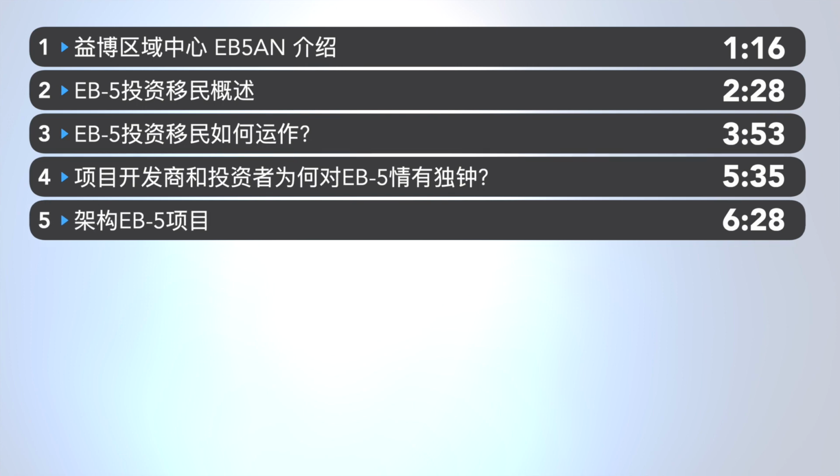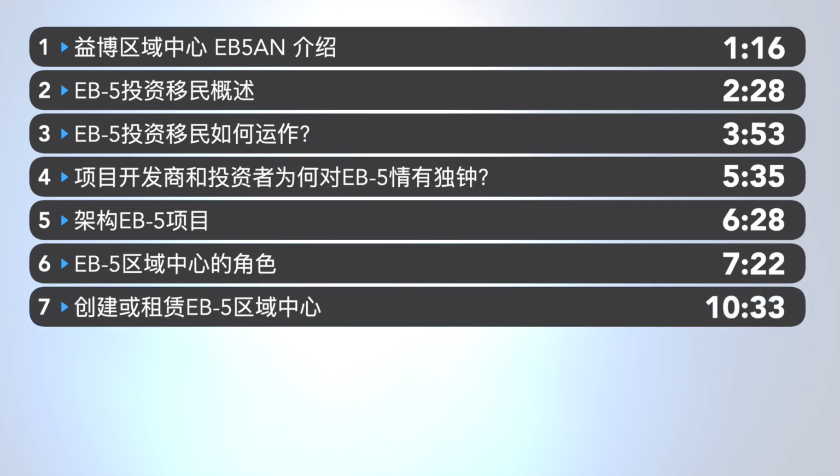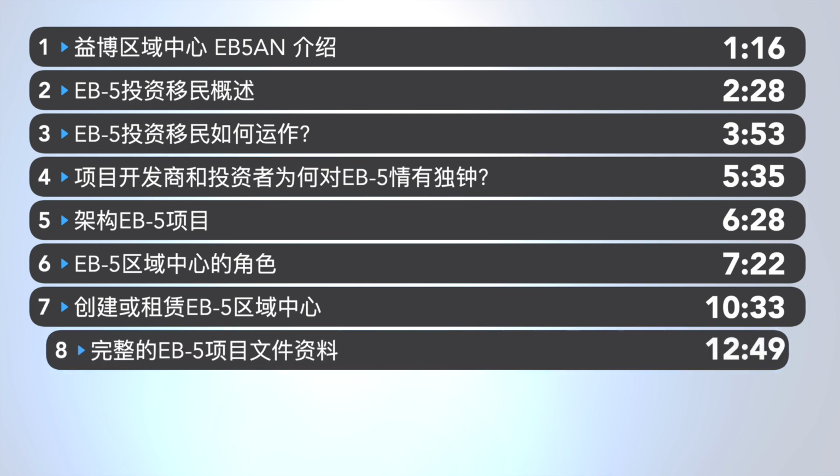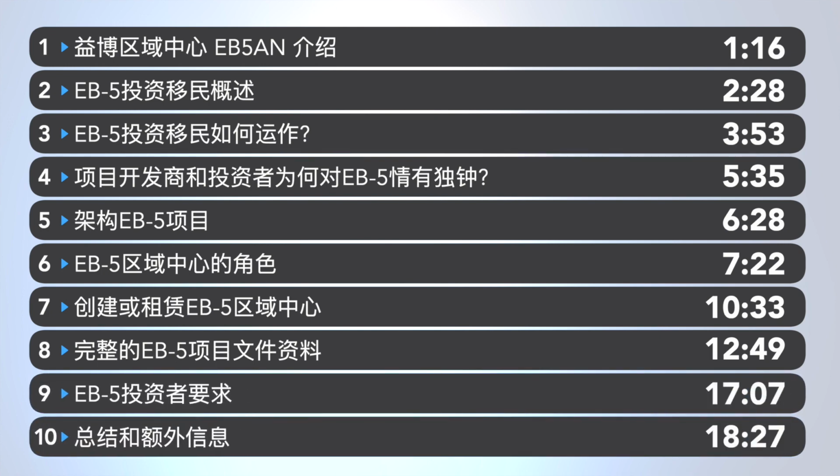Structuring an EB-5 project. 6. The role of EB-5 regional centers. 7. Create, buy, or affiliate with an EB-5 regional center. 8. Complete EB-5 project documentation. 9. EB-5 investors. 10. Conclusion and additional resources.